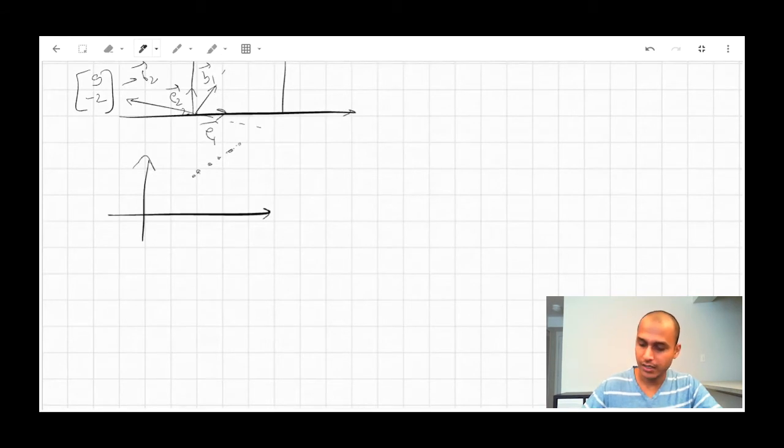Because it's a 2D space, each point is represented using two numbers, right? Instead of doing that, maybe I change the basis to something with this as one of the basis vectors, and maybe something else. In this case, it doesn't matter what this is. So let's pick a basis vector.